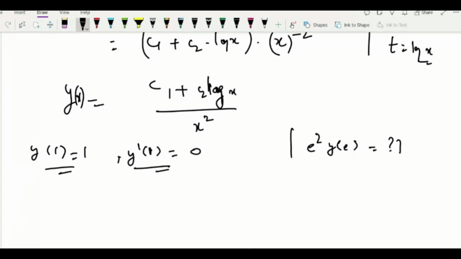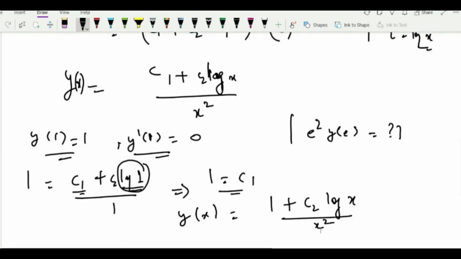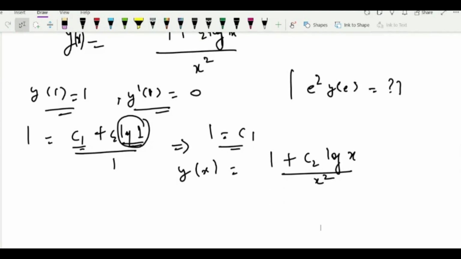So first apply this condition, y of 1 is equal to 1. 1 is equal to C1 plus C2 log 1 upon 1, which will give 1 is equal to C1 as log 1 is equal to 0. Log 1 is 0, 0 into C2 is 0. So we get C1 is equal to 1. So our solution becomes y(x) is equal to (1 plus C2 log x) upon x square. So this is our solution when we put the condition y(1) is equal to 1.